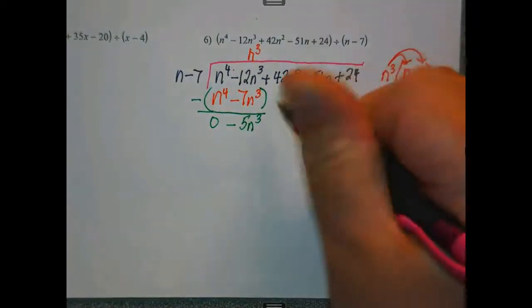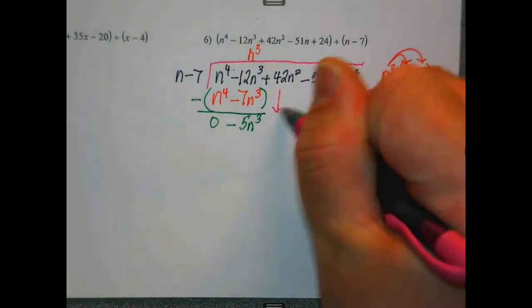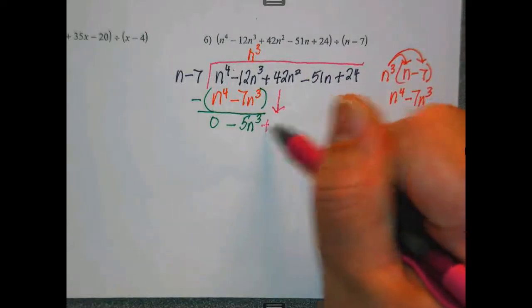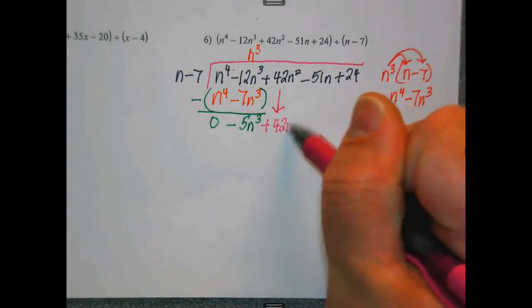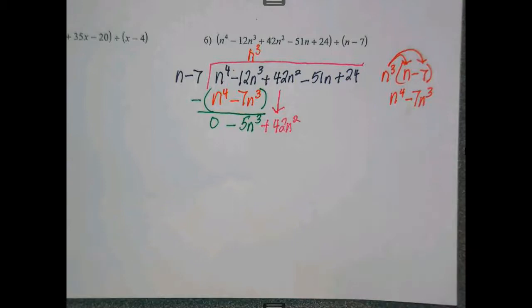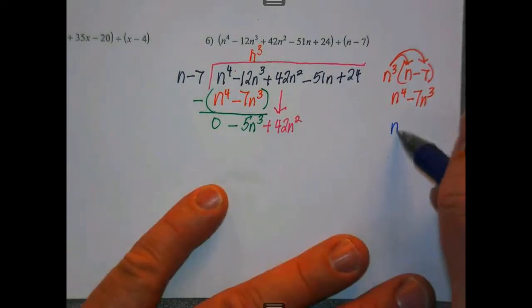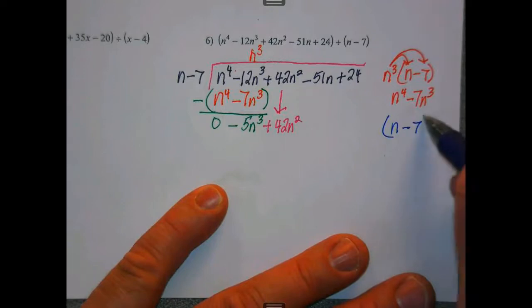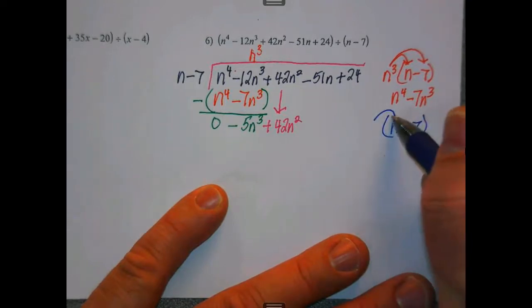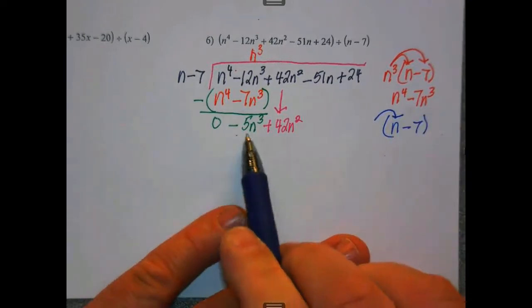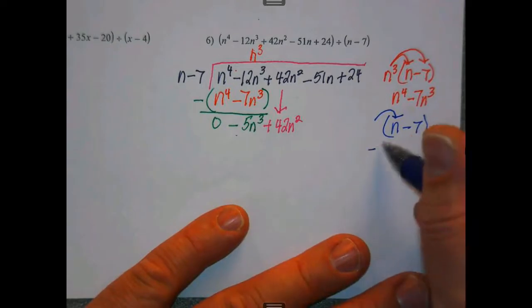Bring down the next term, a positive 42n squared, and put the process over. Okay, I have my n minus 7. What do I multiply the n by to get negative 5n cubed?